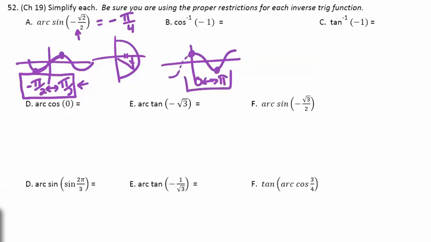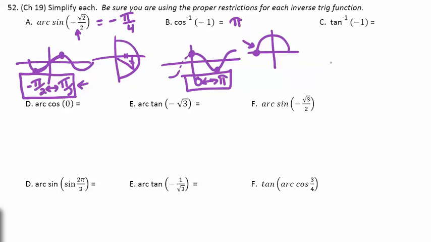So again, you should be able to think why we restricted it to that region. So when you're doing an inverse cosine problem, you're picturing the top half of the unit circle. So from 0 to pi, what angle has a cosine of -1? And of course there's this value here is the only place, so that would be at pi.